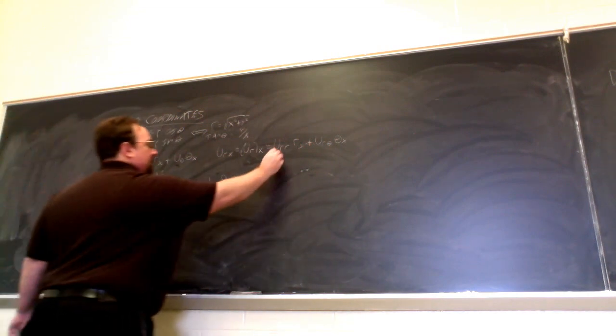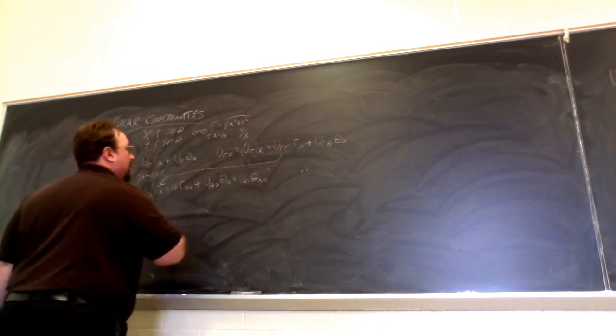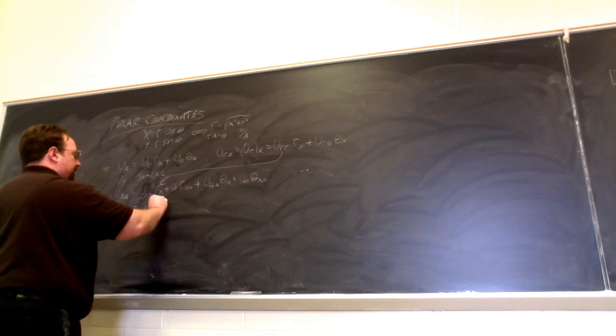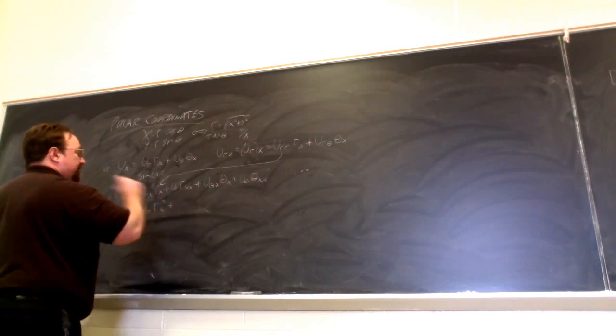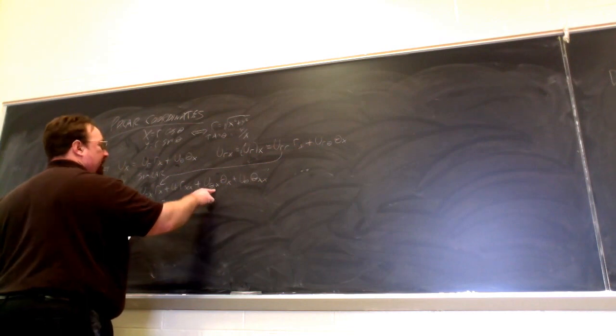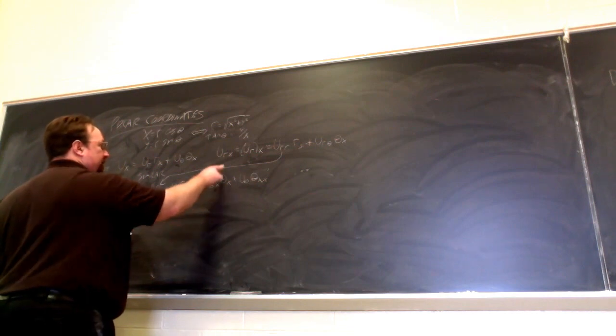So now I can work that in down here. I get u_rr r_x, so that's r_x squared, plus, and then I would handle this u_theta_x in a similar way.